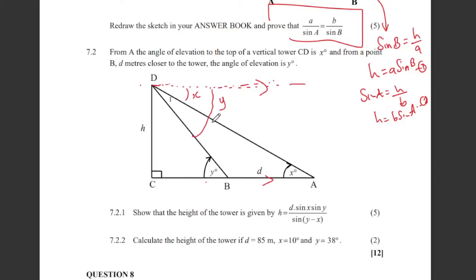What does that make this angle inside here? It's going to be y minus x. We just need to remember that. Because I'm seeing with the proof that we are having, we have y minus x, which means this y minus x is going to go with this d, if I'm focusing on just this triangle here. And then this x can basically go with DB.